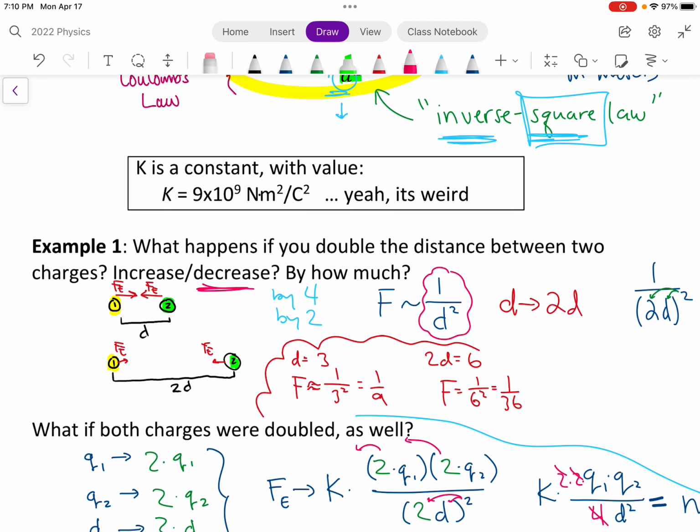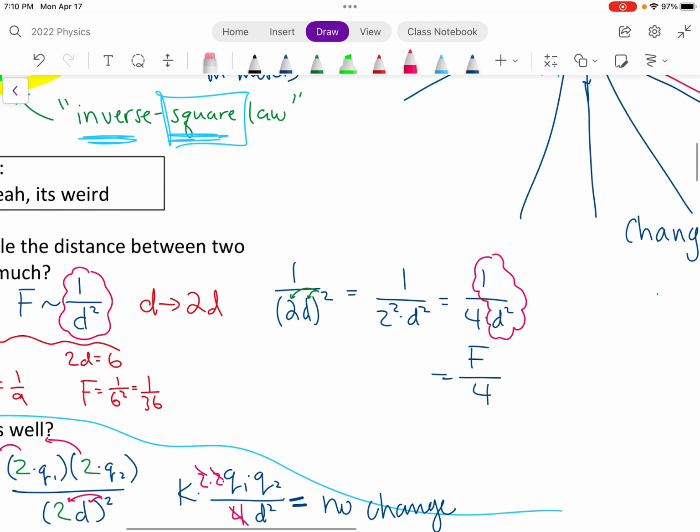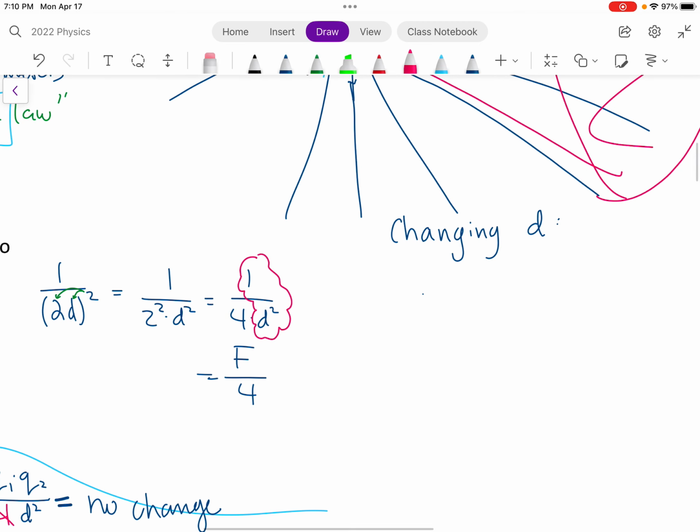So let's take a look at the idea of an inverse square to try to solve this. By changing the distance between two charges, whatever change is made to the distance, the change in d, you take the change in distance, invert it, then square it.